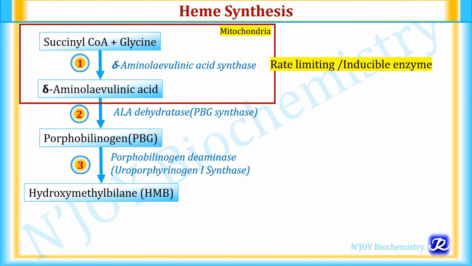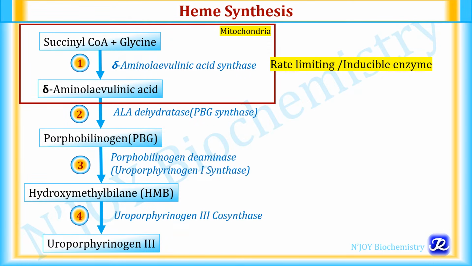Then 4 PBG molecules condense together to form hydroxymethylbilane, which is a linear tetrapyrrole, and this third reaction is catalyzed by the enzyme called porphobilinogen deaminase or HMB synthase, and the third name is uroporphyrinogen 1 synthase.